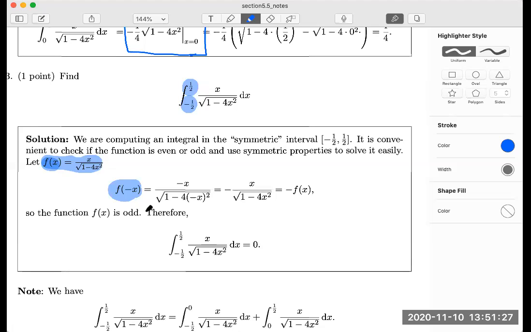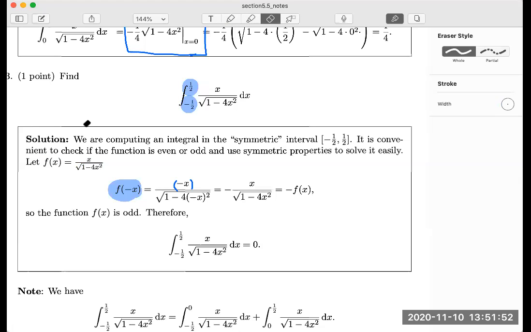It means the input here is -x. We replace x by -x, which becomes this guy, right? Divided by square root of 1 minus 4 times (-x) squared. Okay?